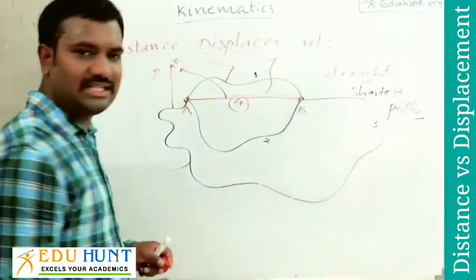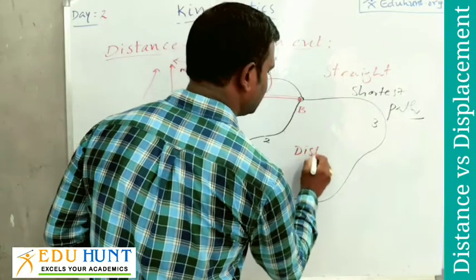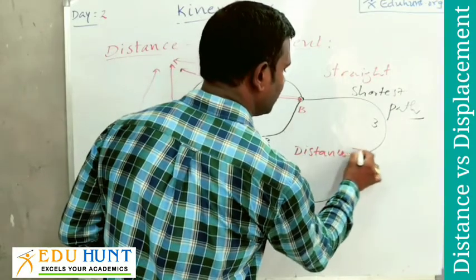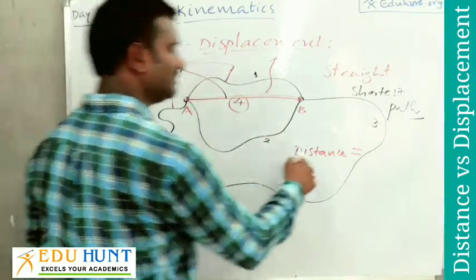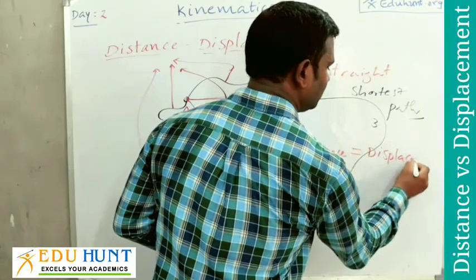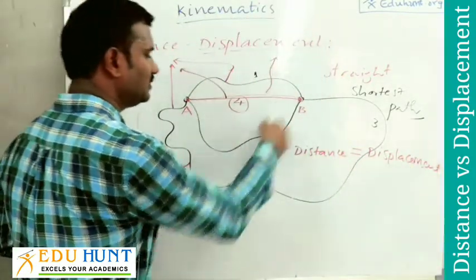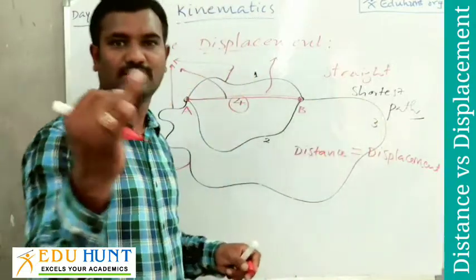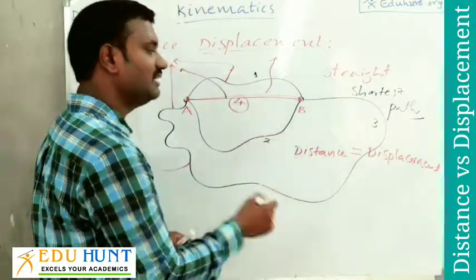From this figure, it is very clear that distance is equal to displacement here. From these diagrams, paths 1 to 3, distance is greater than displacement.